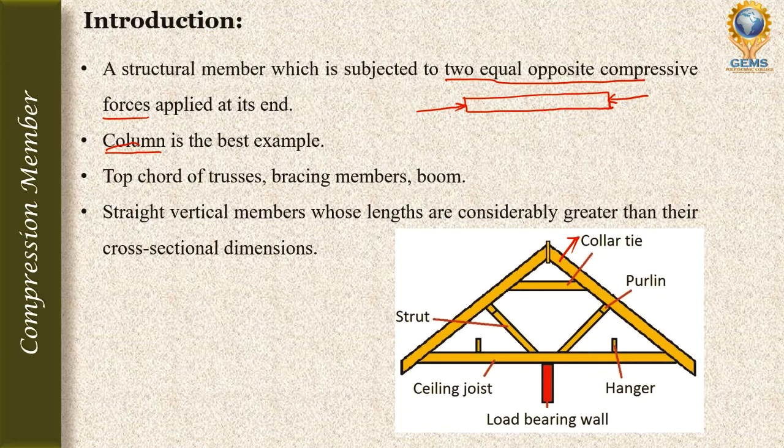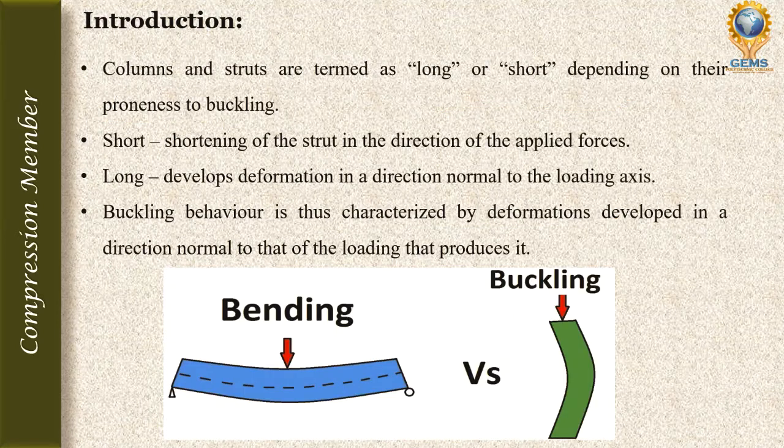Columns are usually thought of as straight vertical members whose lengths are considerably greater than their cross-sectional dimension. Columns and struts are termed long or short depending upon their proneness to buckling.